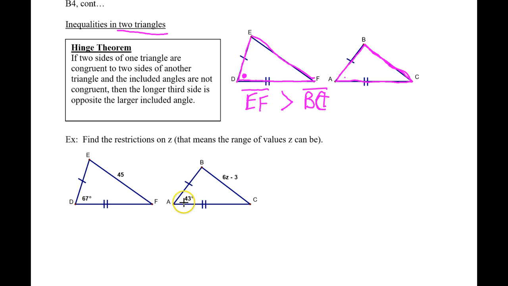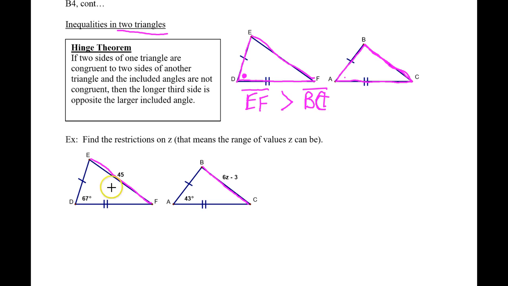Because if they were congruent, then these whole triangles would be congruent by side angle side, just FYI. But the included angles are not congruent, so we can't say the triangles are congruent, but it does tell us that the larger side is opposite the larger angle. So specifically, EF over here is larger than this side over here, BC.